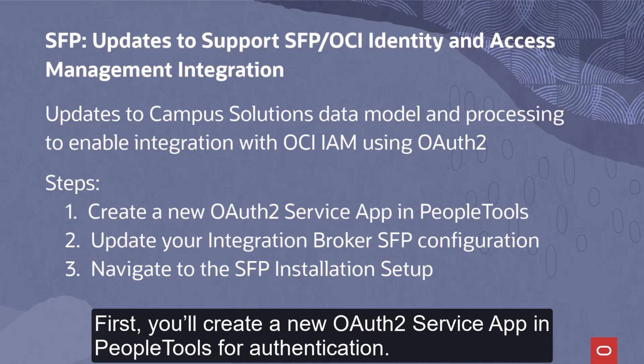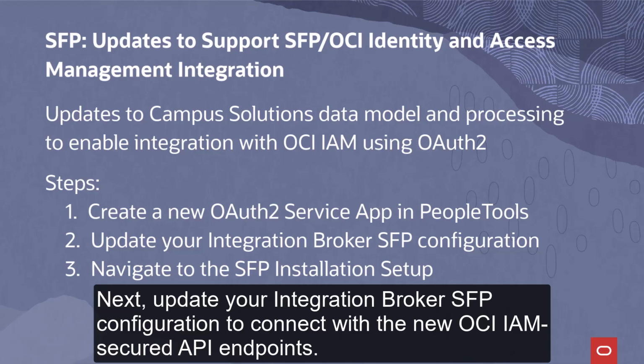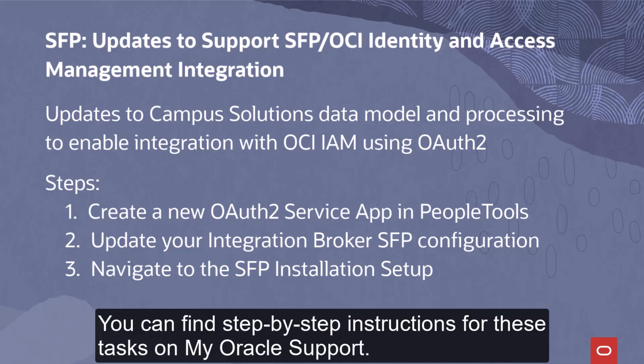First, you'll create a new OAuth 2 service app in PeopleTools for authentication. Next, update your integration broker SFP configuration to connect the new OCI IAM secured API endpoints. You can find step-by-step instructions for these tasks on My Oracle Support.